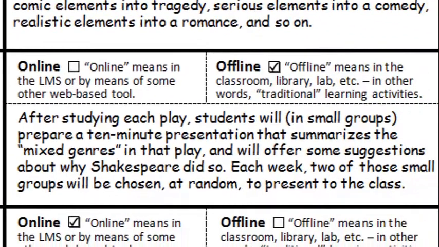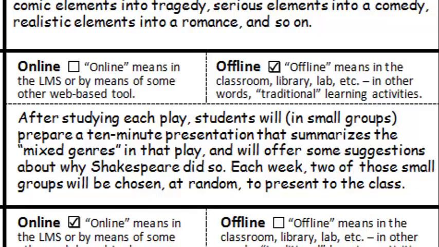The associated learning activity this time, though, is an offline one, and it builds upon the previously noted online learning activity. It says, after studying each play, students will, in small groups, prepare a 10-minute presentation that summarizes the mixed genres in that play, and will offer some suggestions about why Shakespeare did so.